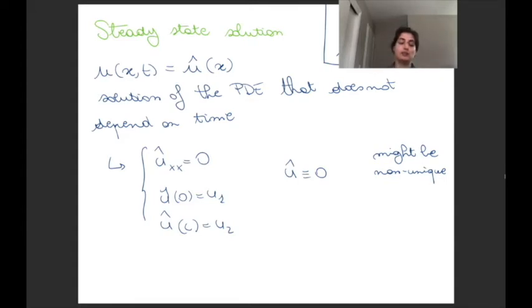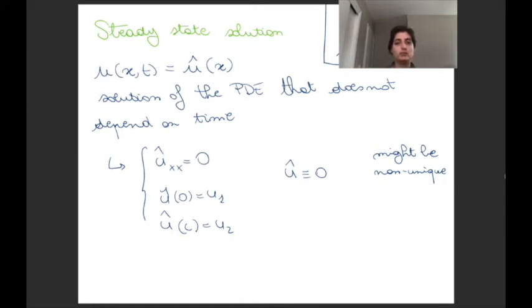Obviously, because we dropped the time constraint, it might not satisfy the initial conditions. Usually it would not. It only satisfies the boundary conditions and the equation. In this case, it's u hat equal to 0.